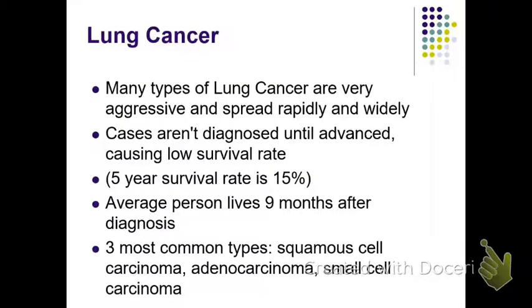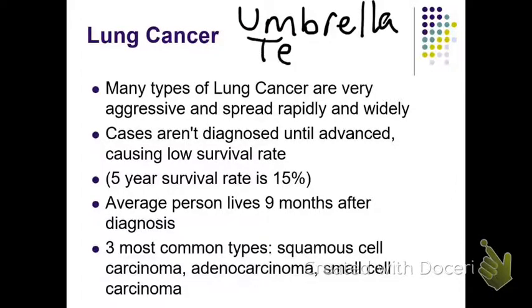Next, we have lung cancer, and again, much like COPD, lung cancer is almost like an umbrella term. There are many types of lung cancer, and lung cancer is one of the cancers that's probably the most aggressive and most metastatic, or able to spread rapidly and widely.